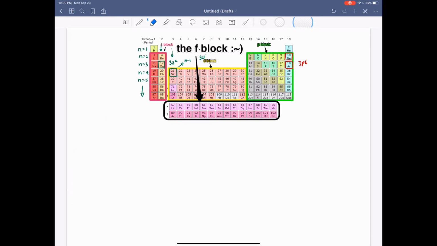Another example that maybe would be useful to do is going a bit more into ions. So how do we do ions?